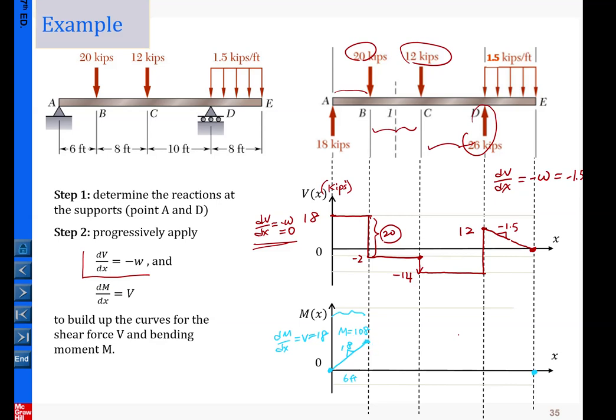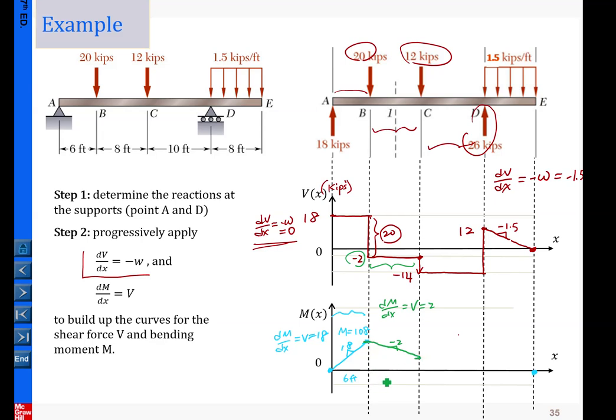Okay, and then we change color to the next one. Again, dM/dx equal to V, and here V equal to -2 in this segment, so that is a straight line with the negative slope -2. Its ending will be from 108 to how much?